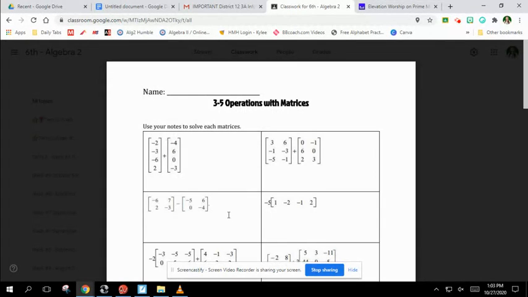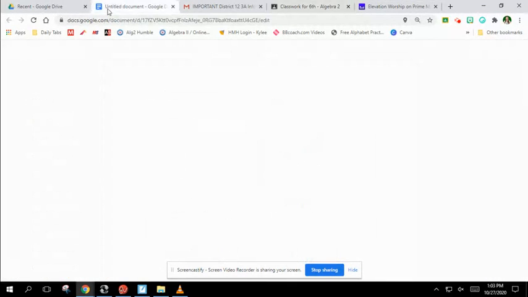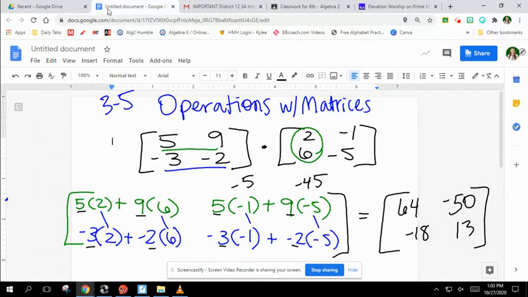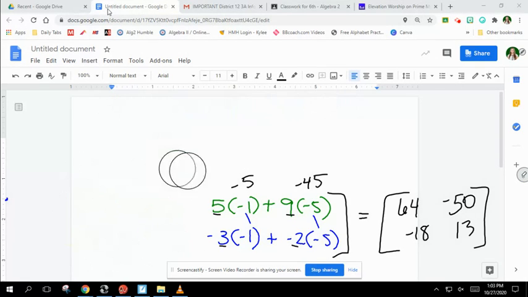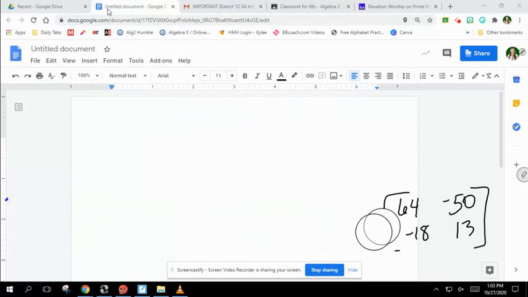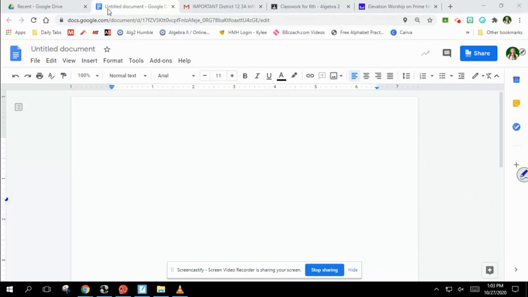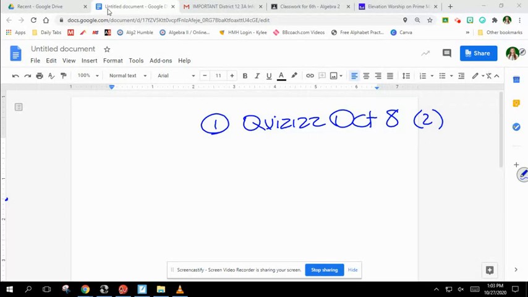On the sideboard, I list what is going to go on your progress reports. Let me erase this real quick. So what will be on the progress reports? Well, the first thing is that quiz from October 8th. That was before the school closure. There's actually 2 of those.